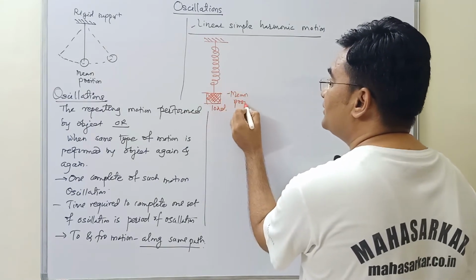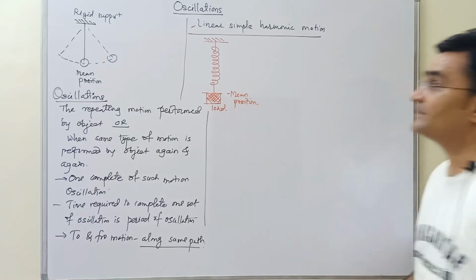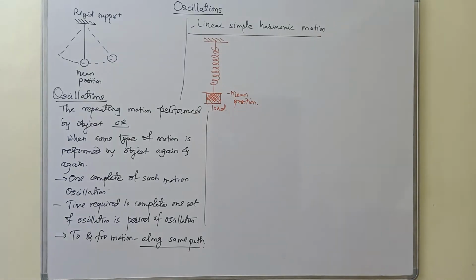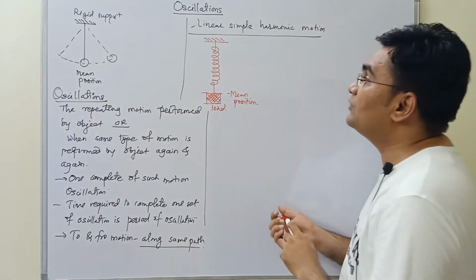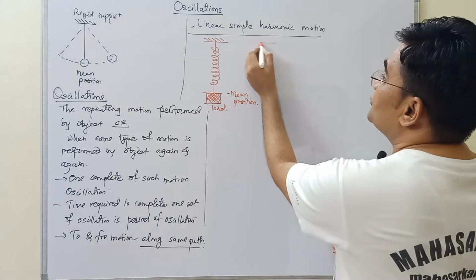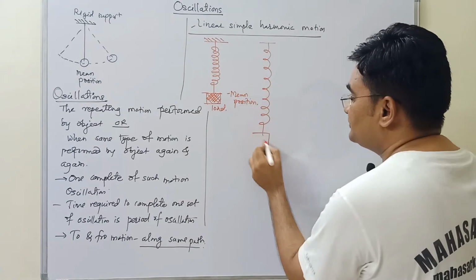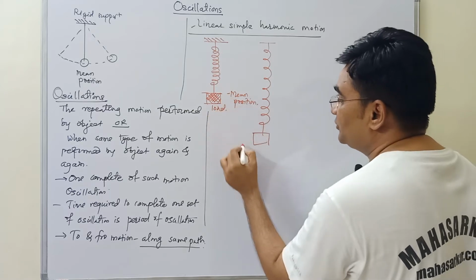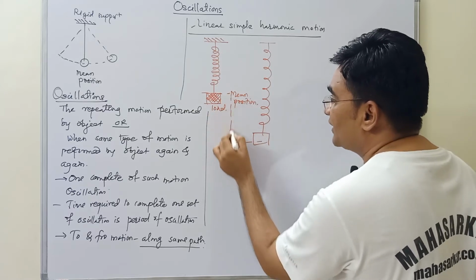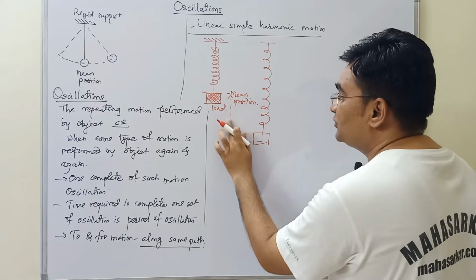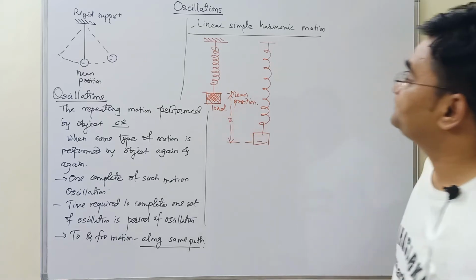Now suppose because of the load, the spring gets pulled downward. So the structure will appear like this. Say it is pulled up to this value. This is the mean position and this is the maximum position. Up to this position, say it is displaced by x.